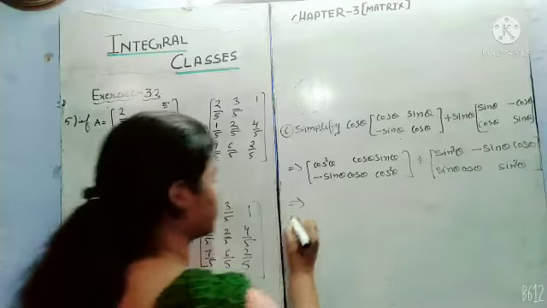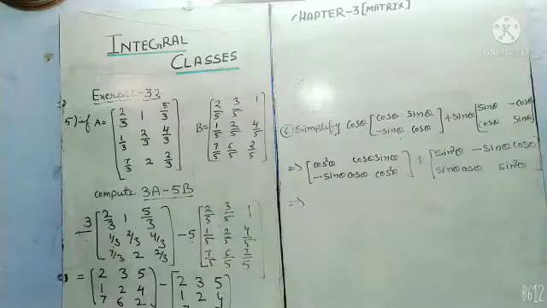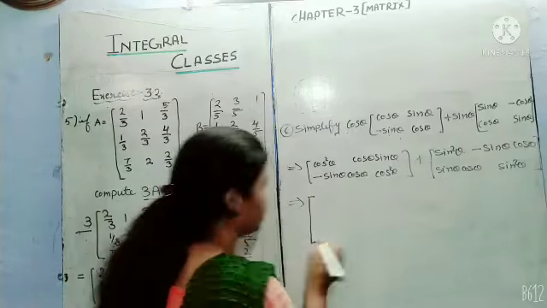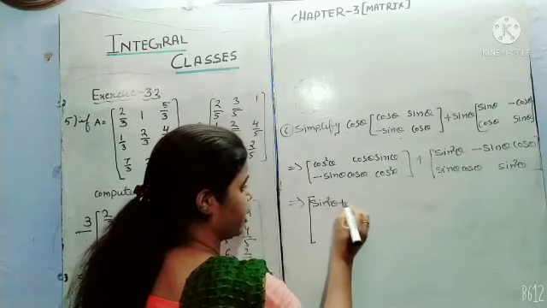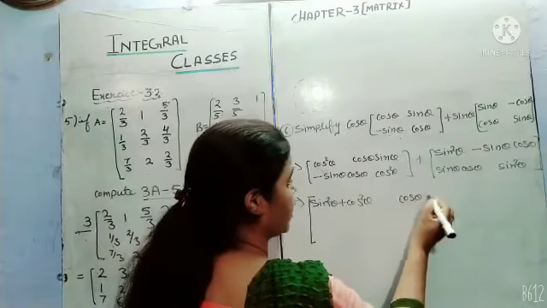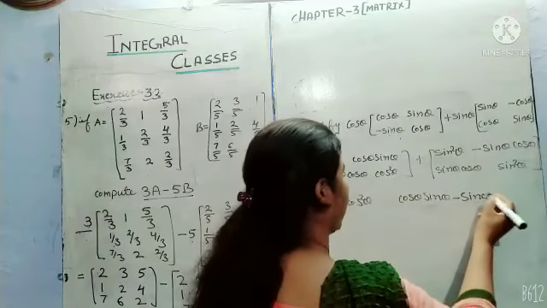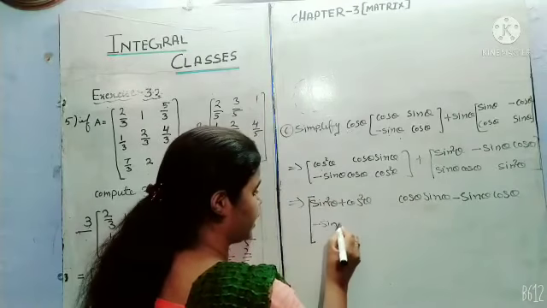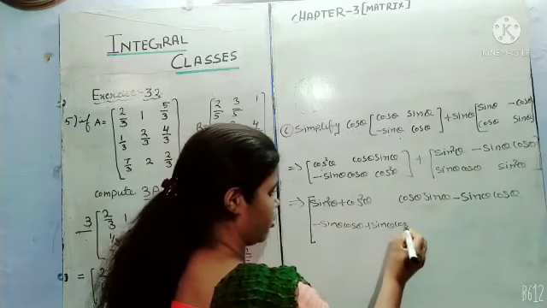Now in the second step, student, we add these two matrices, adding corresponding elements. So how can we add them? cos square theta plus sin square theta. Then cos theta sin theta minus sin theta cos theta. Again minus sin theta cos theta plus sin theta cos theta.